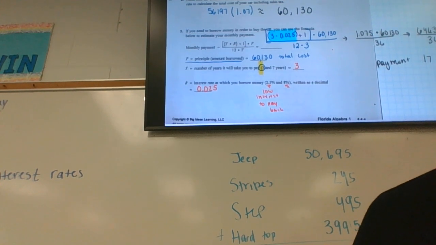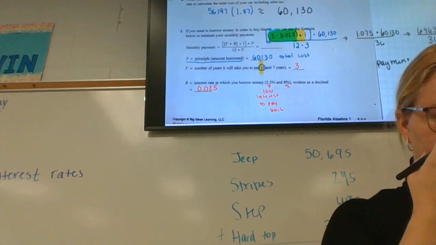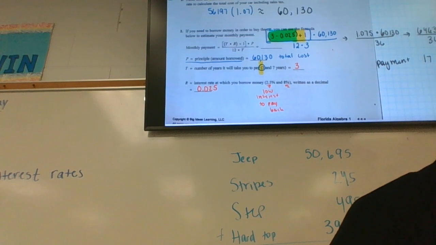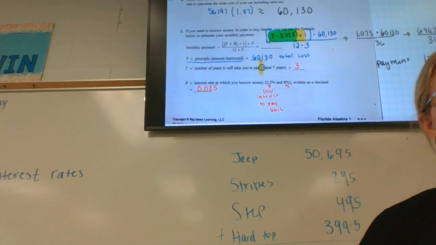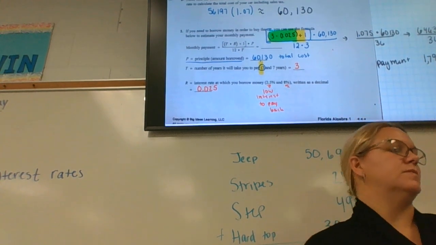First I did 3 times 0.025, and then I added 1. You can round, it's okay. Your answer should be maybe a quarter of that. All right, so yeah, this payment is way too high.